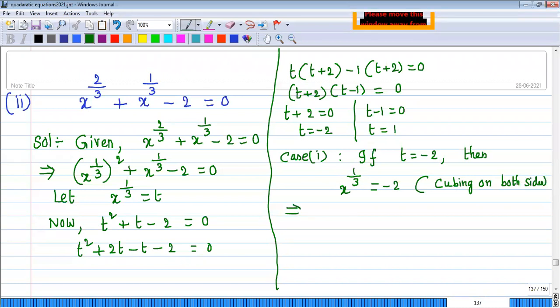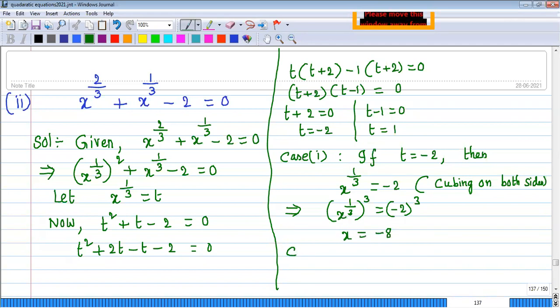Cubing on both sides means raising the power to 3 on both sides. x to the power of 1 upon 3 whole cube equal to minus 2 whole cube. So this will be x equals minus 8.